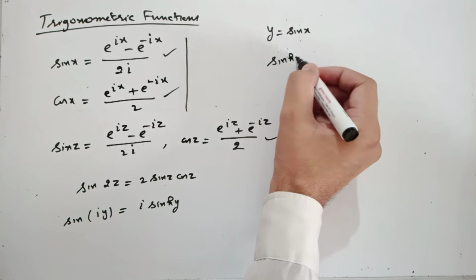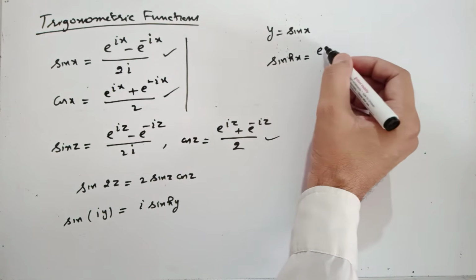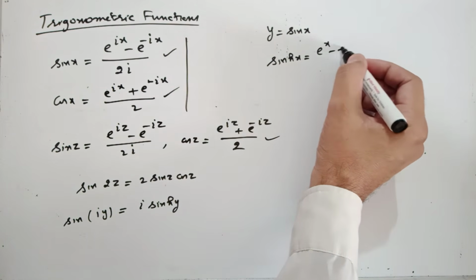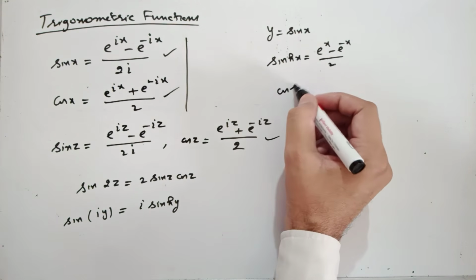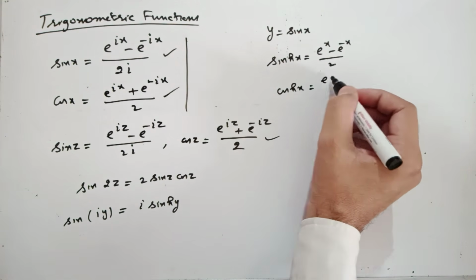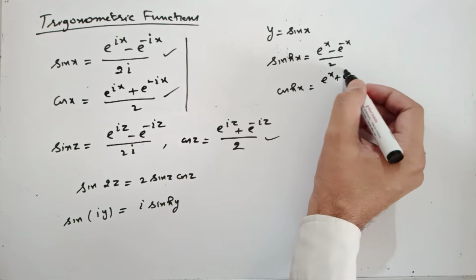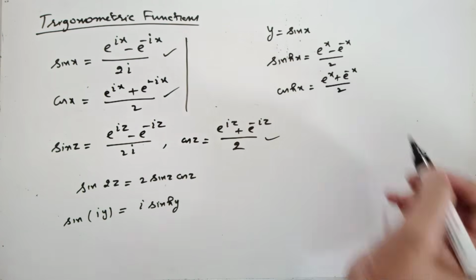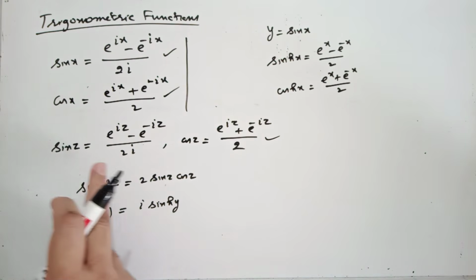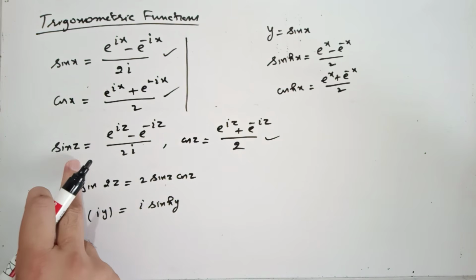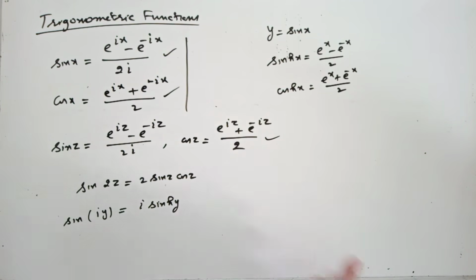Say sine hyperbolic x is e power x minus e power minus x divided by 2, and cos hyperbolic x is e power x plus e power minus x divided by 2. Alright, so sin iota y, following this definition, you can show is equal to iota sine hyperbolic y.